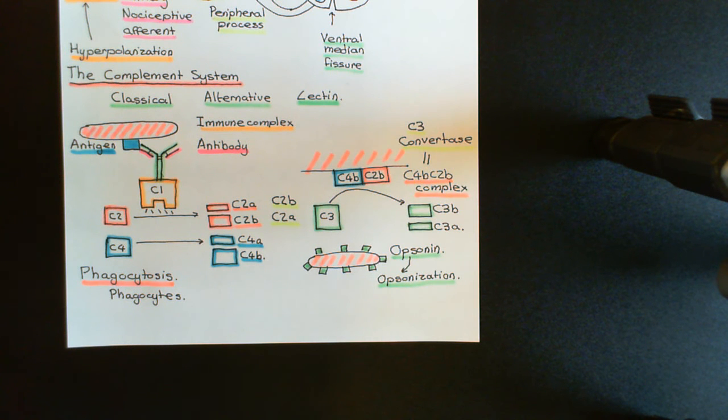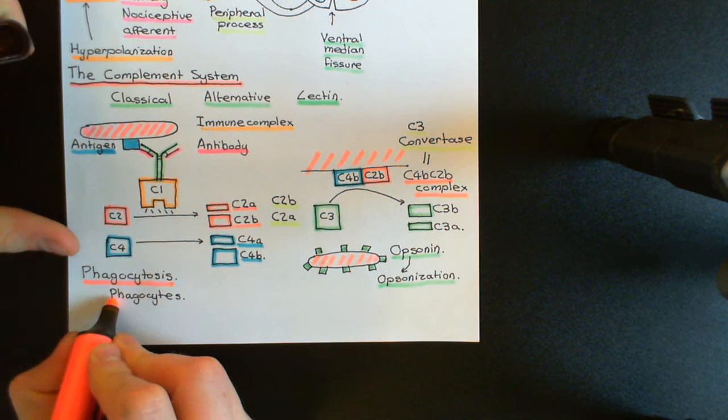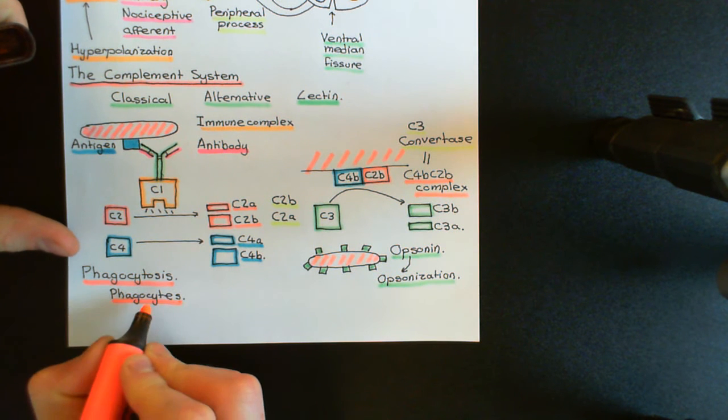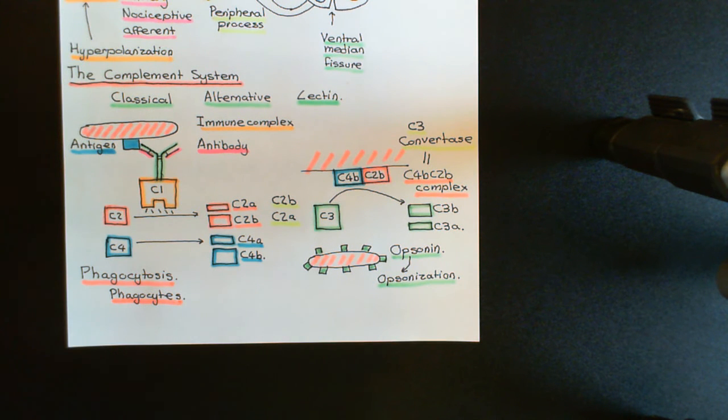They're capable of engulfing cells, but in particular pathogenic cells, and then breaking them down, digesting them. That process of engulfing cells and breaking them down is known as phagocytosis, and it's the major reason that we're bringing in so many neutrophils and macrophages, because we want them to phagocytose pathogens.